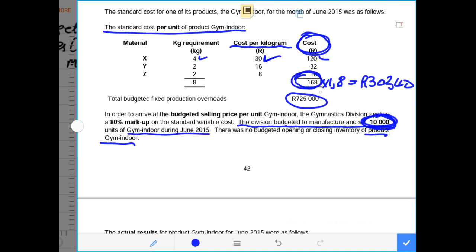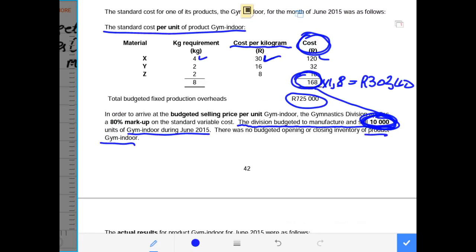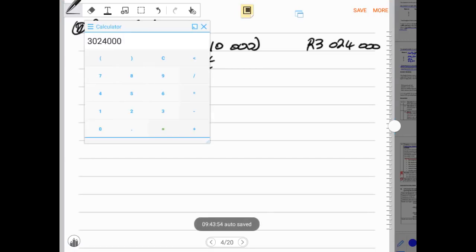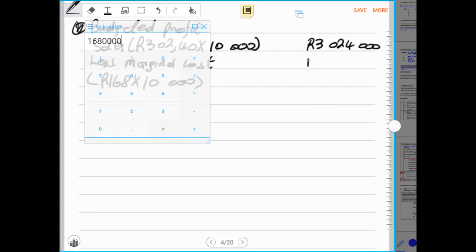Therefore, it is cost per unit times the number of units that I budget to manufacture. So it will be 168 rand times 10,000 units. This will give me my marginal cost.